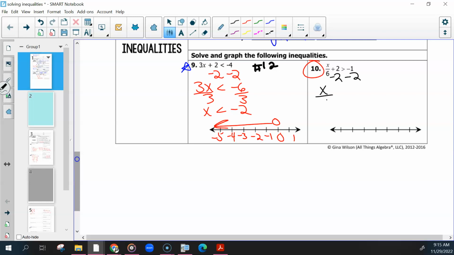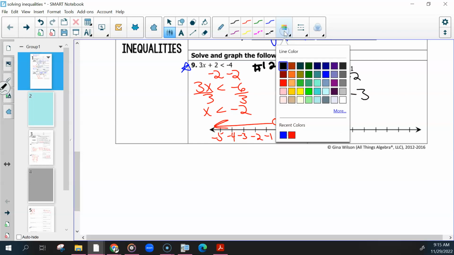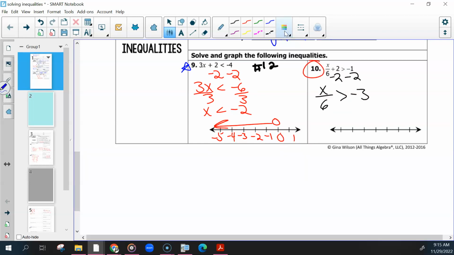So we have x over 6 is greater than -3. What would we do next? Multiply on both sides. If this was a negative, the sign would change. But because nothing is negative here, when I multiply by 6, the sign is not going to change.